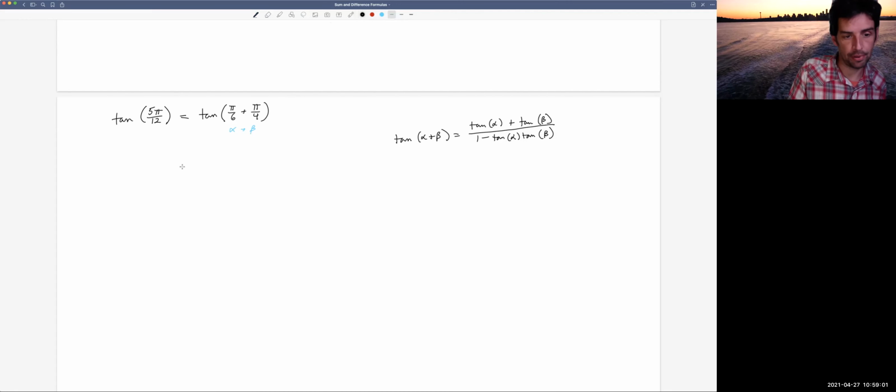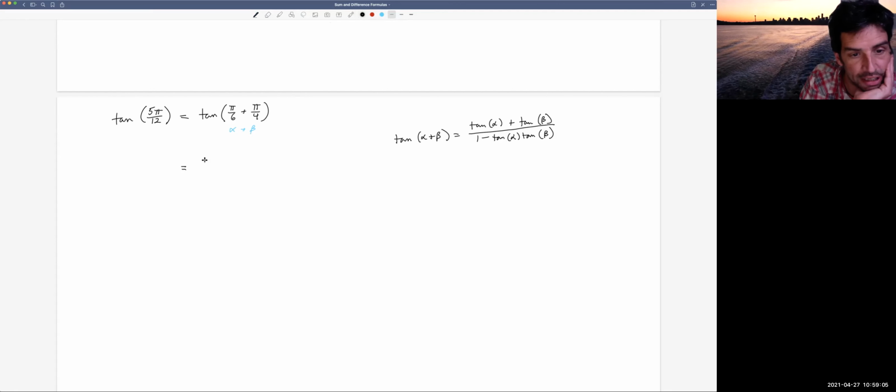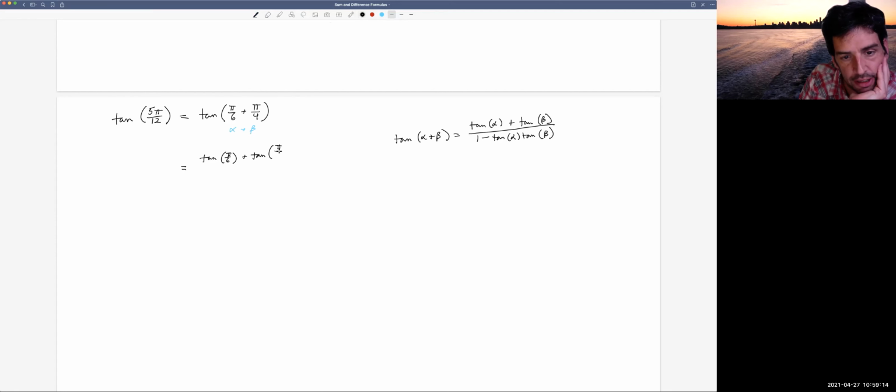So I can just map all of these things to the right place. We get tangent of alpha, so that's tangent of pi over 6 plus tangent of beta, tangent of pi over 4, over 1 minus tangent of alpha, pi over 6, tangent of pi over 4.